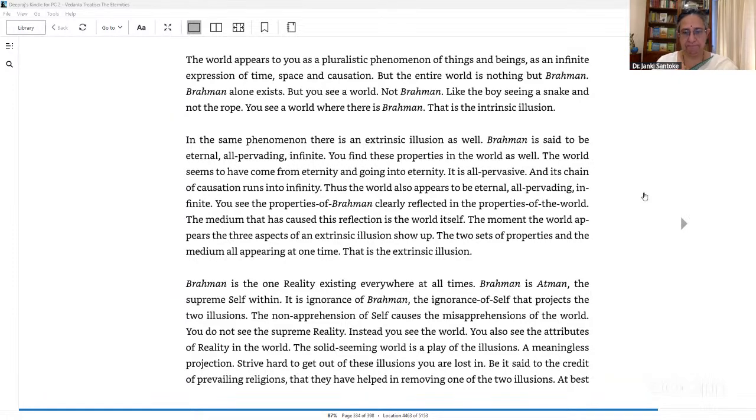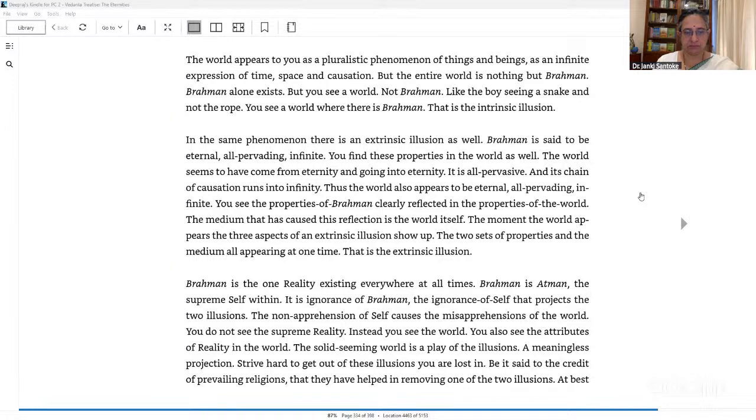You do not see the supreme reality, instead you see the world. You also see the attributes of reality in the world. The solid seeming world is a play of the illusions, a meaningless projection. Strive hard to get out of these illusions you are lost in.